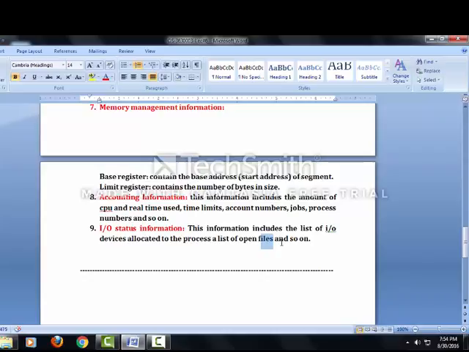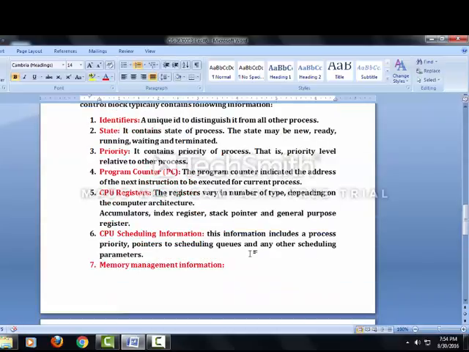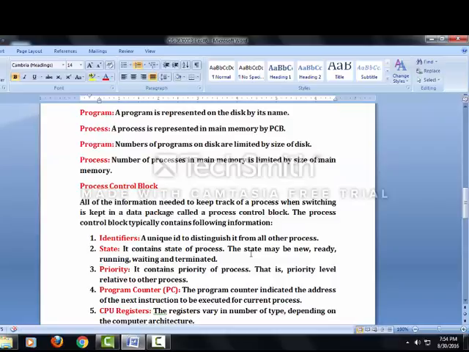Resources don't mean that only input output devices are treated as resources. That is not true. Open files are also treated as resources. So the PCB also contains the input output status, what kind of input output resources are engaged by the process. This is what the PCB, process control block, is.